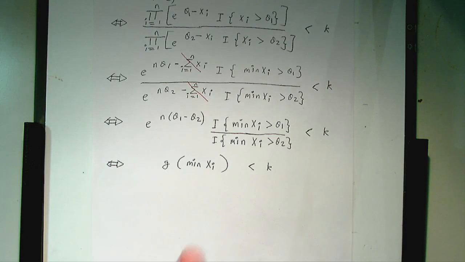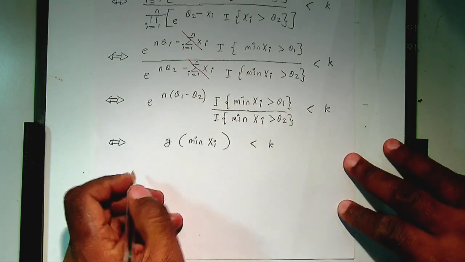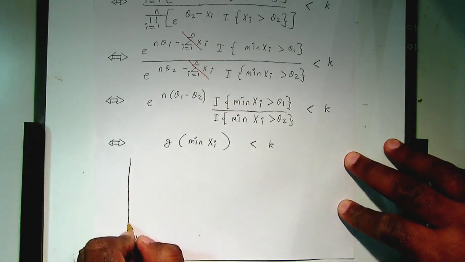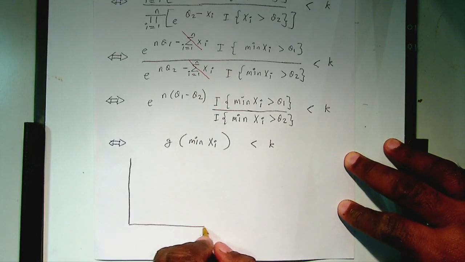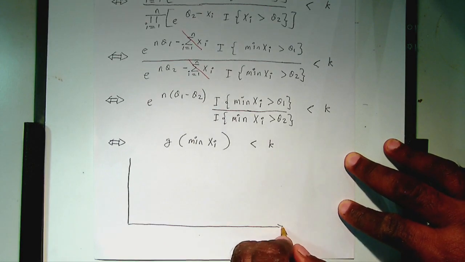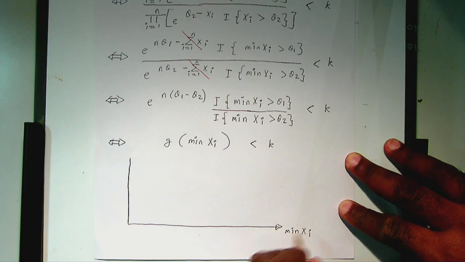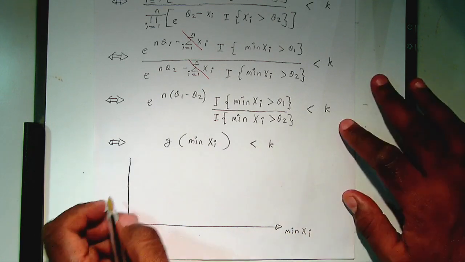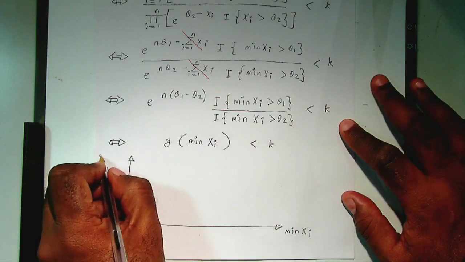Now what I'm going to do next is draw a graph of the function g versus min of xi. Suppose this is min of xi, and suppose this is g.